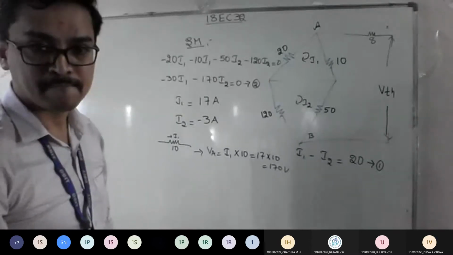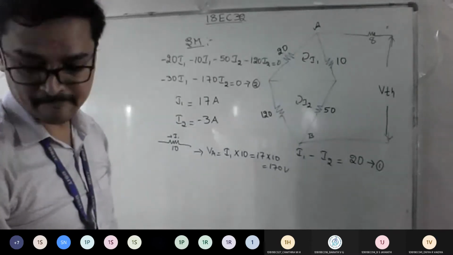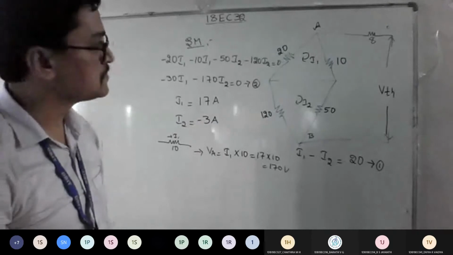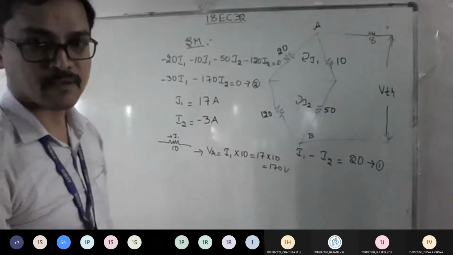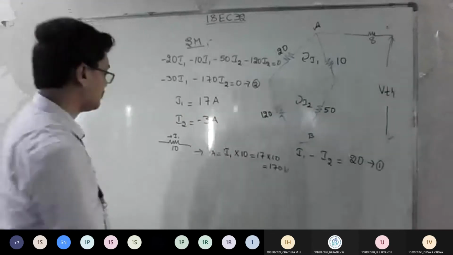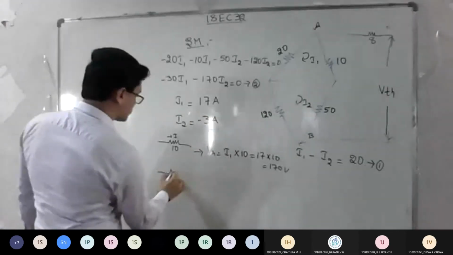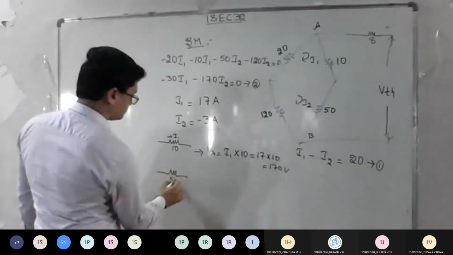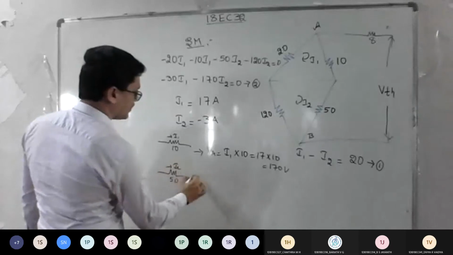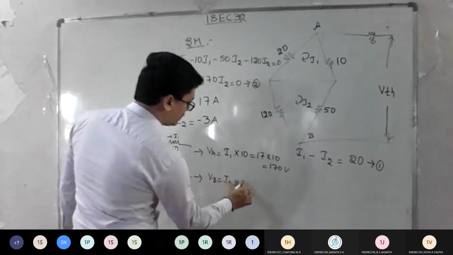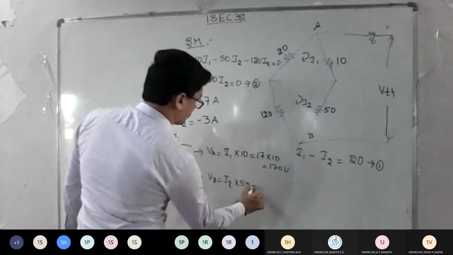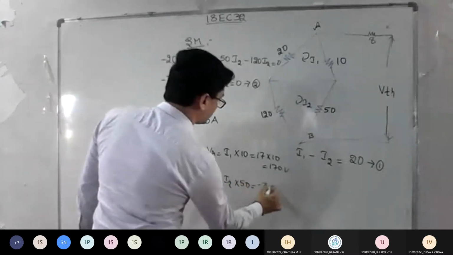Is it fine? Similarly, check out VB also. Across 50 ohm, I2 is flowing. So VB is equal to I2 into 50. I2 you told minus 3, into 50.